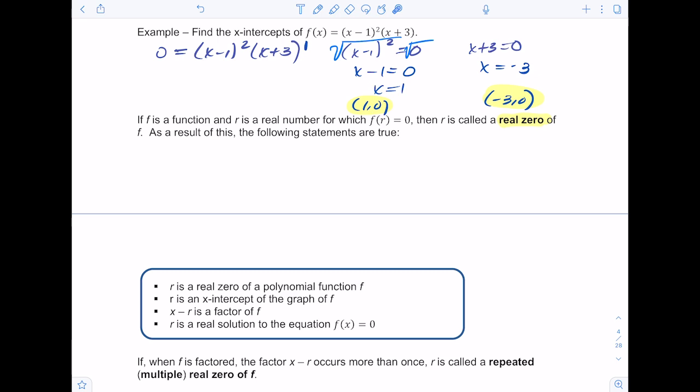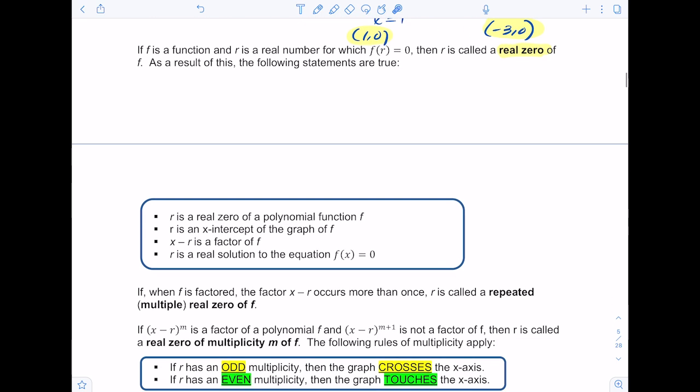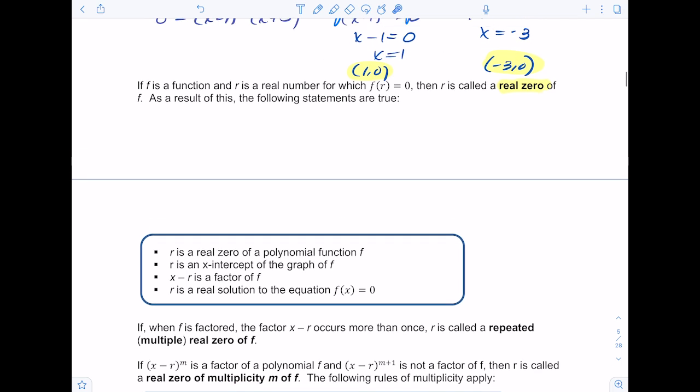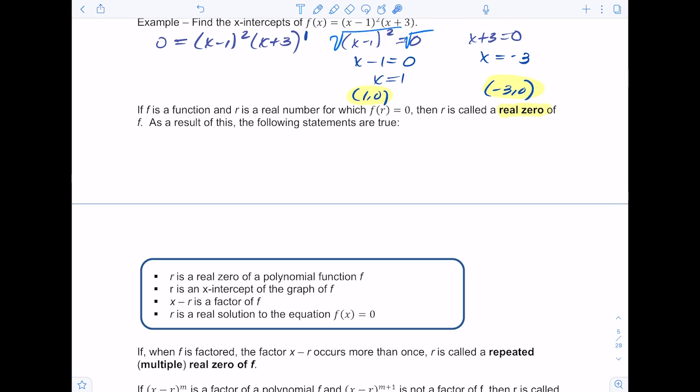Here, it only comes up 1 time because it's x + 3 to the first. We also know that as multiplicity, okay? So for instance, 1 is a real zero with multiplicity 2. And -3 is just a real zero. There is no multiplicity. It's really multiplicity 1, but we don't really express that.